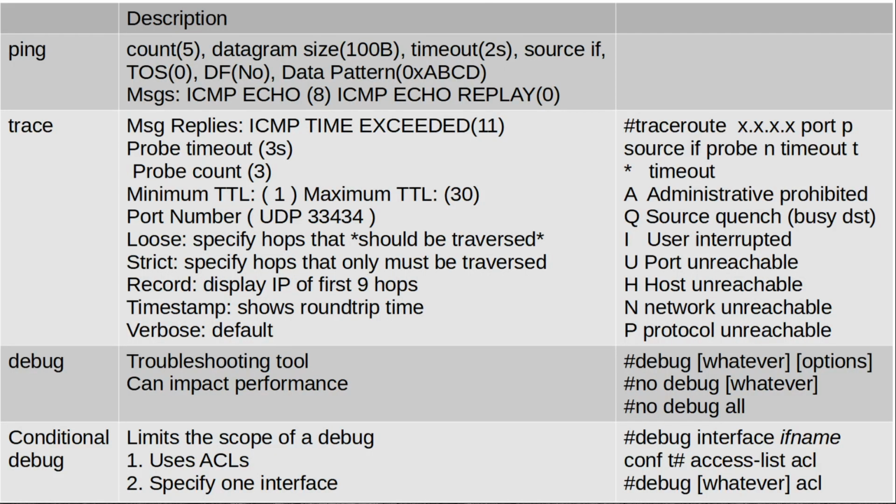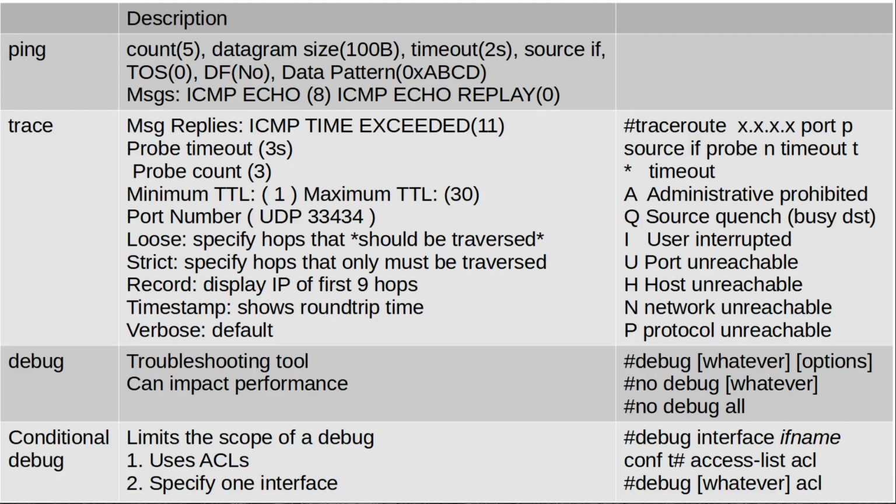Remember your troubleshooting commands for Cisco, from the very basic ping to debugs. Remember that for ping, the defaults for Cisco are a count of 5, the default datagram size of 100 bytes, the default timeout, which is 2 seconds, the default ToS, which is 0, the default don't fragment bit, which is set to no, and the data pattern, which is set to ABCD.